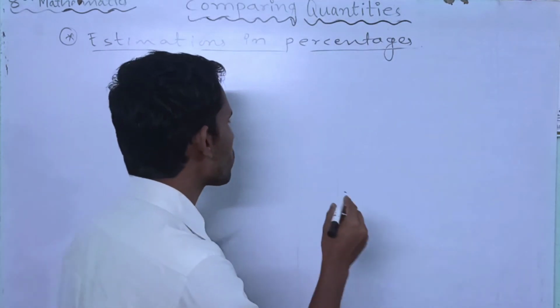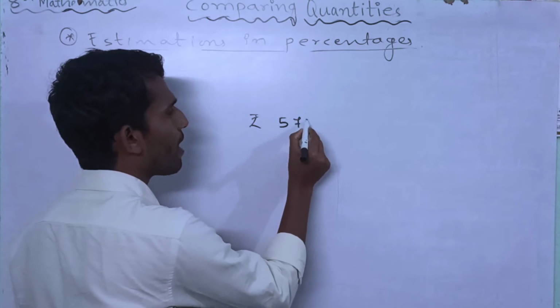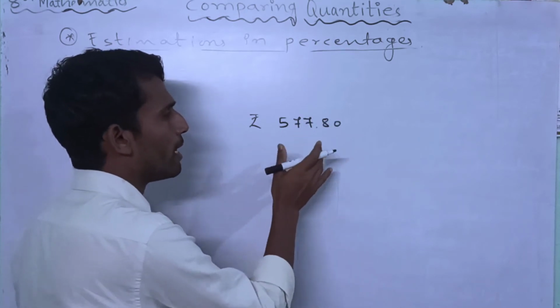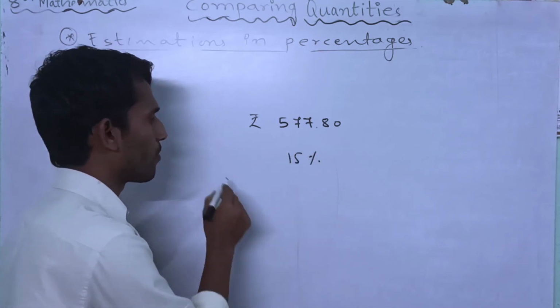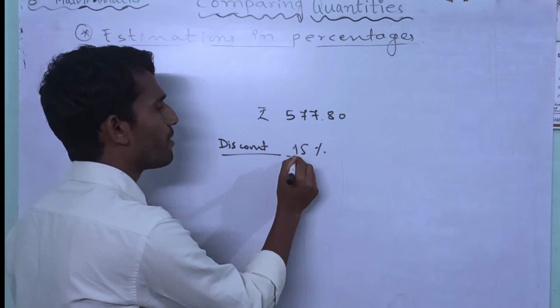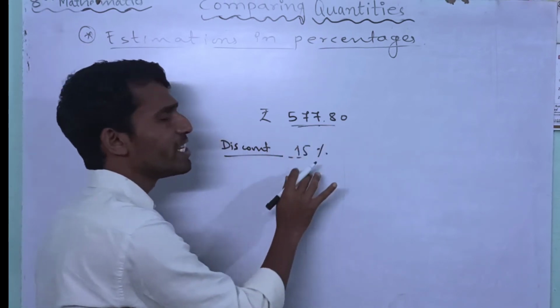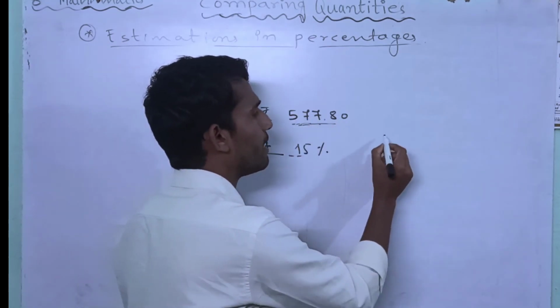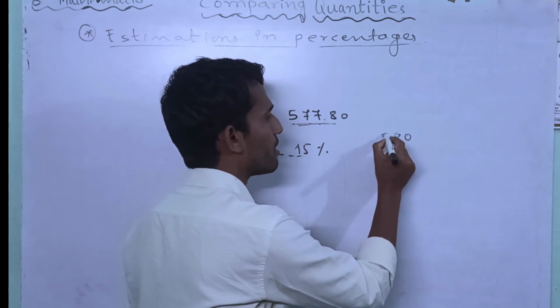Let us see here, dear student, your bill is 577 rupees 80 paisa, and the shopkeeper is providing a 15% discount. First, you round off to the nearest ten. 577 means the nearest price is 580 rupees.